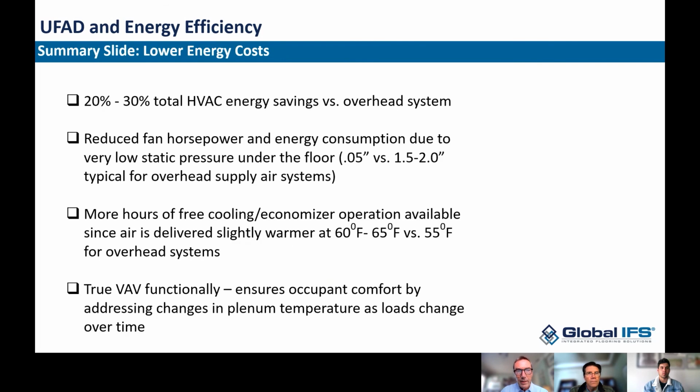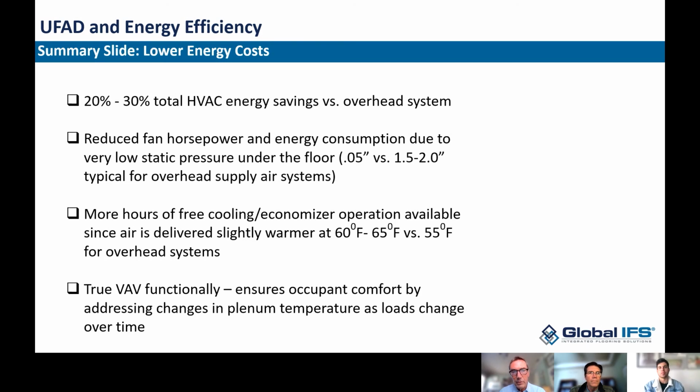So in summary, as we look at it, just previewing the last few slides, if you look at your HVAC energy bill, these tactics and these strategies can reduce that 20 to 30% that we've seen across the country over time.